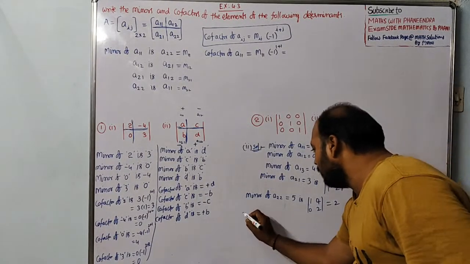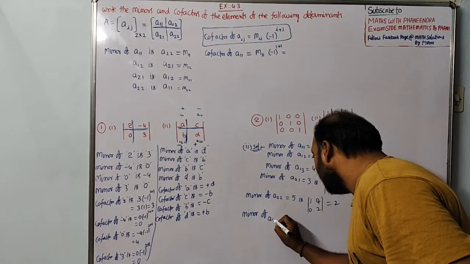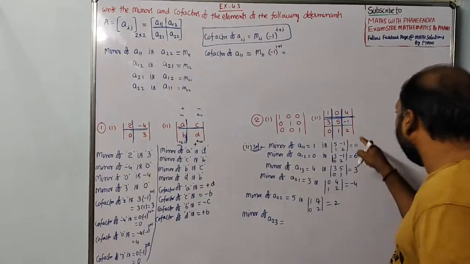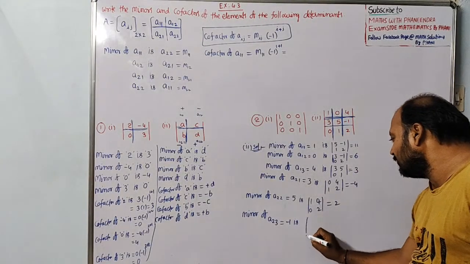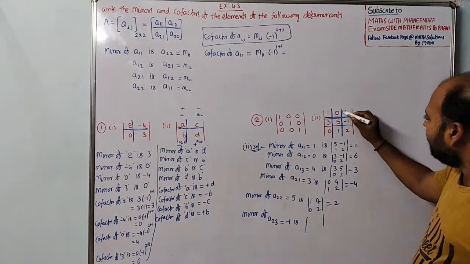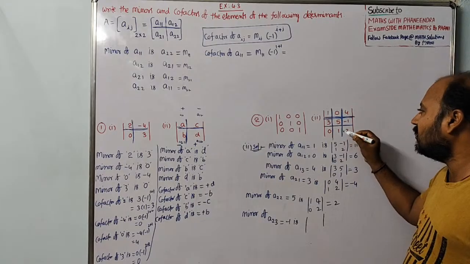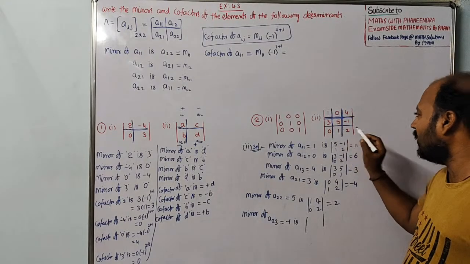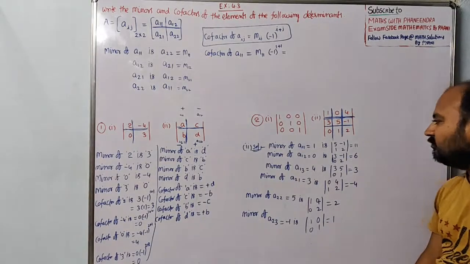Next, minor of A23, sorry. A23 means second row, third column, minus 1 is. So we are eliminating this second row as well as third column, 1001 will be there. So whose determinant is 1?